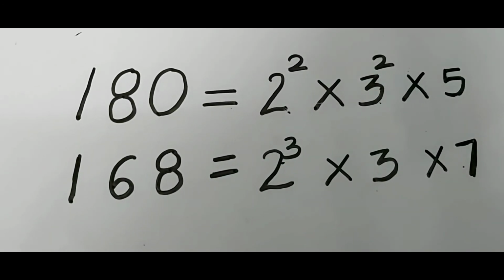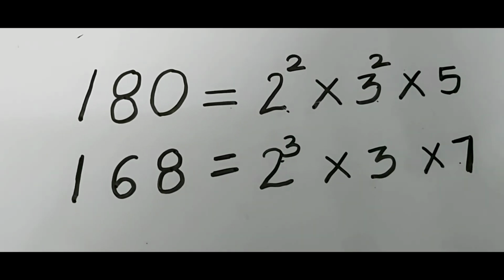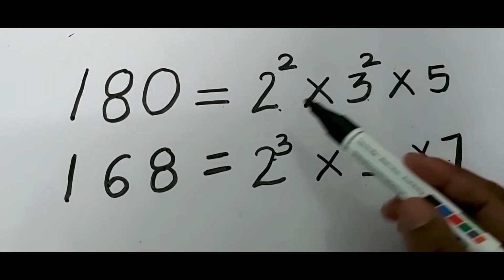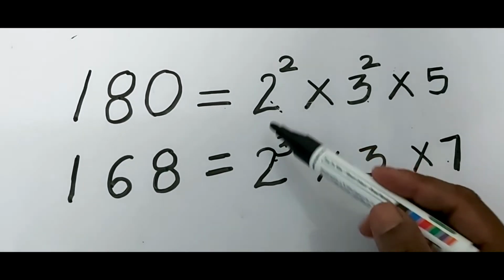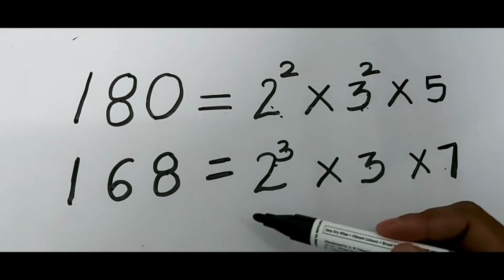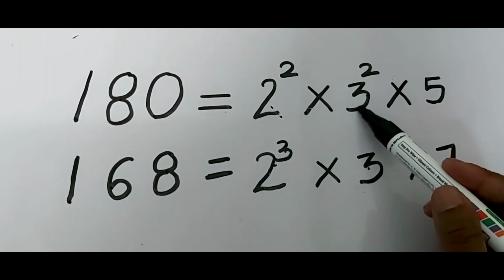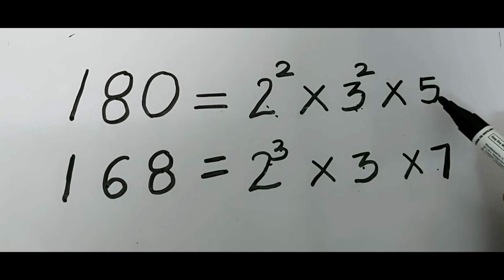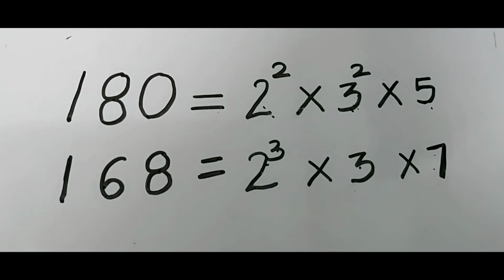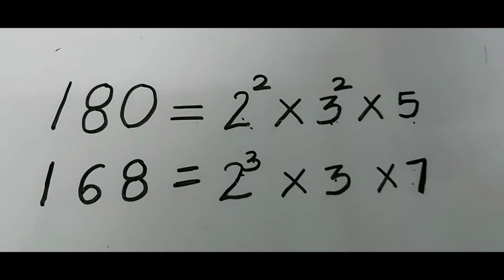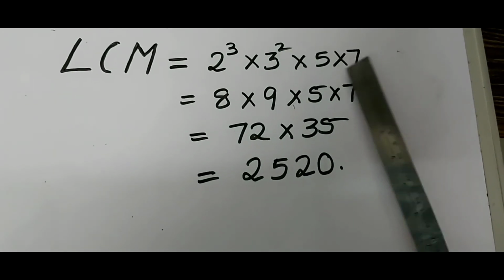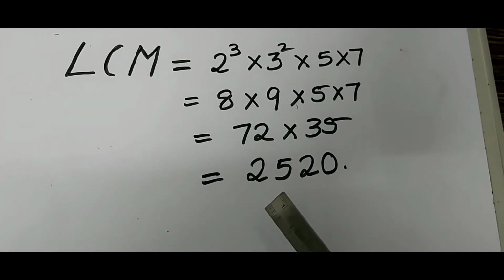To get LCM, we have to select bigger values among the common factors. 2 cube is bigger among these two and 3 square is bigger among these two. Along with 2 cube and 3 square, we should also take uncommon factors like 5 and 7 in case of LCM. So LCM is equal to 2 cube into 3 square into 5 into 7 is equal to 2520.